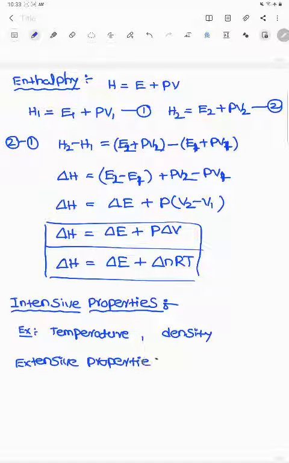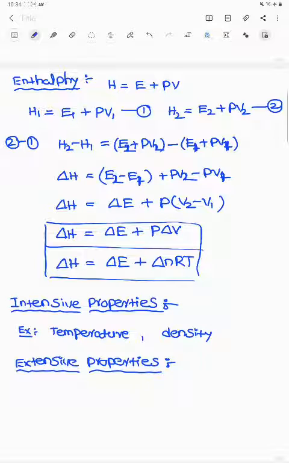Here extensive properties means the properties of the substance which depend on the amount of the substance present in the system. Example: mass, energy, volume, etc. These are all called extensive.